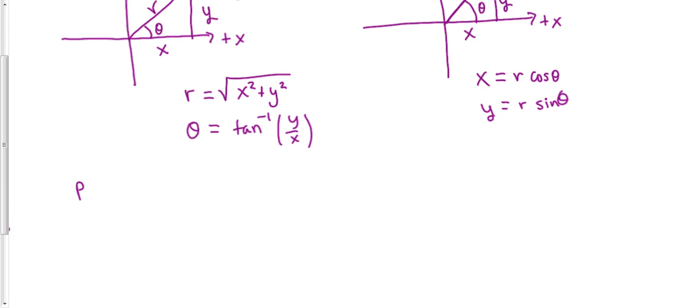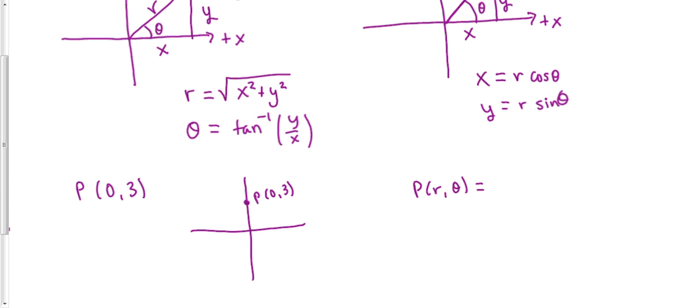The rectangular point that I want to look at is (0, 3). So if I plot that, that's going to be a point up here on the y-axis. And if I want to find the polar coordinates, r and theta, well, I can see from inspection that r is going to be equal to 3 because r is the distance from the origin to the point.